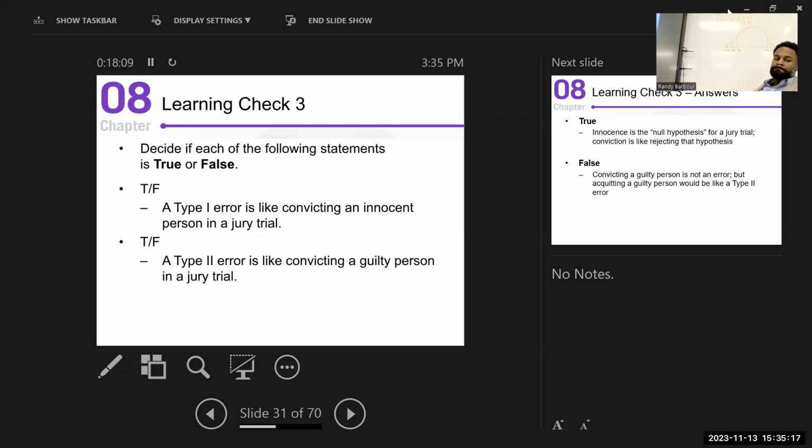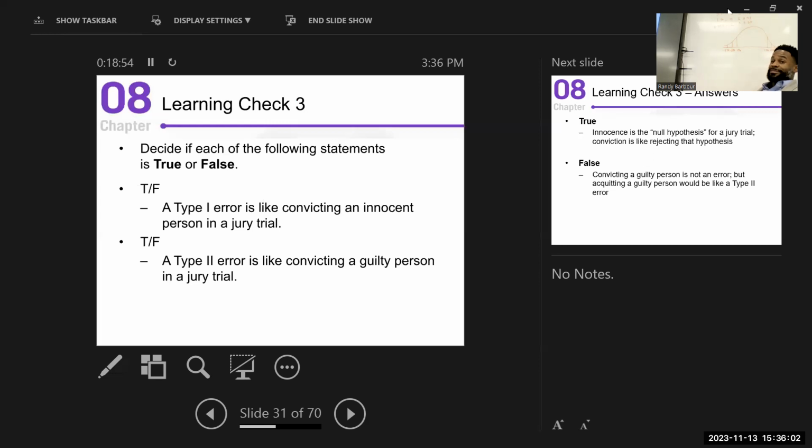All right, true or false. It says a type 1 error is like convicting an innocent person in a jury trial. Think about the anecdote we used, I think it was last week. With a jury trial, we're trying to convict a guilty person.